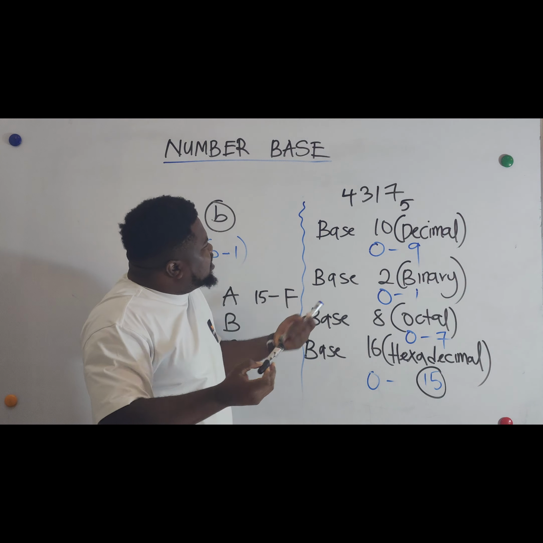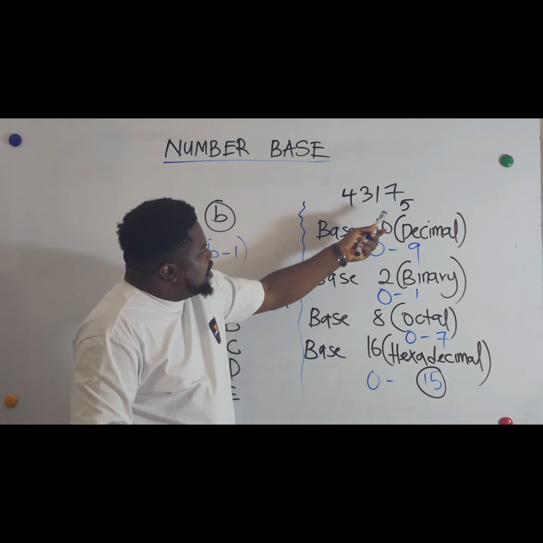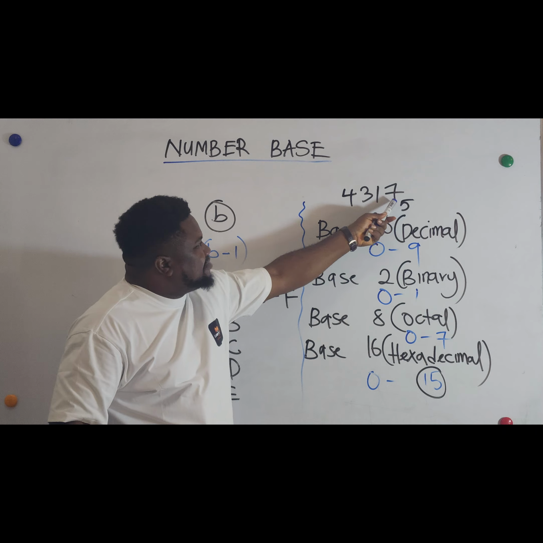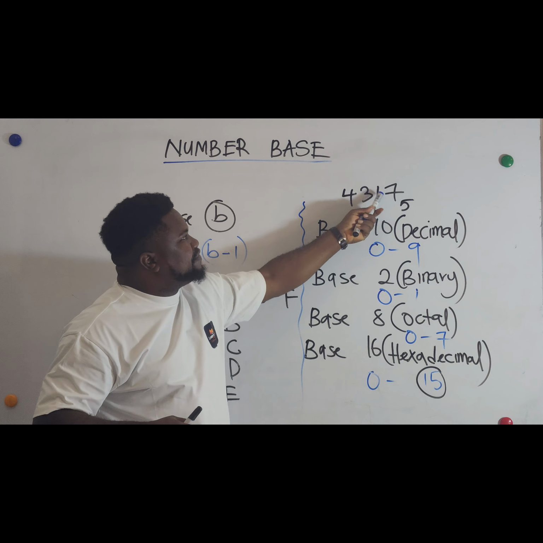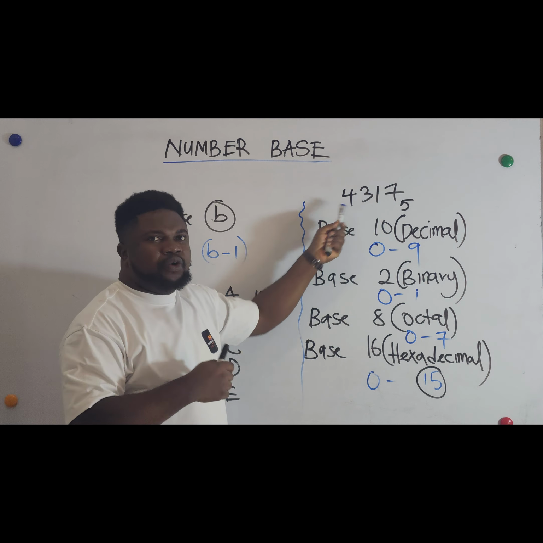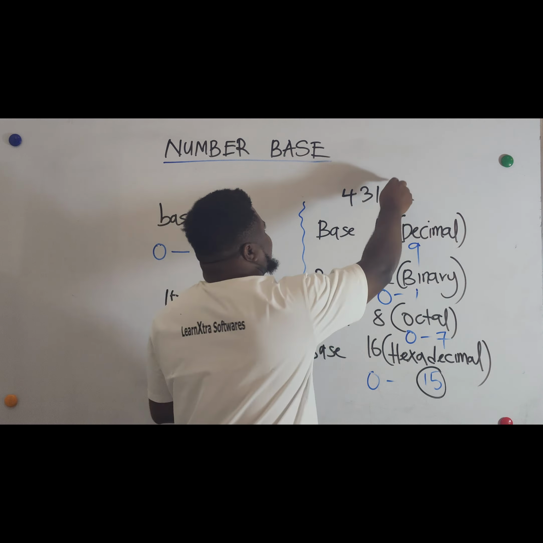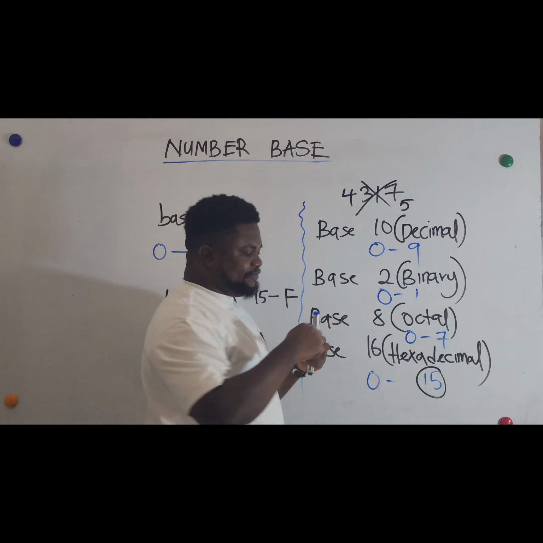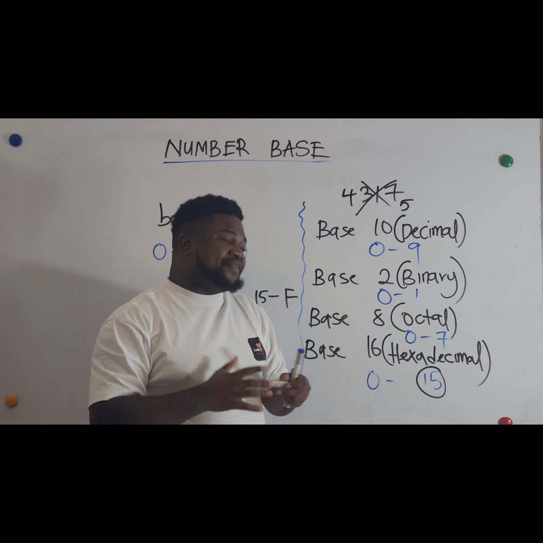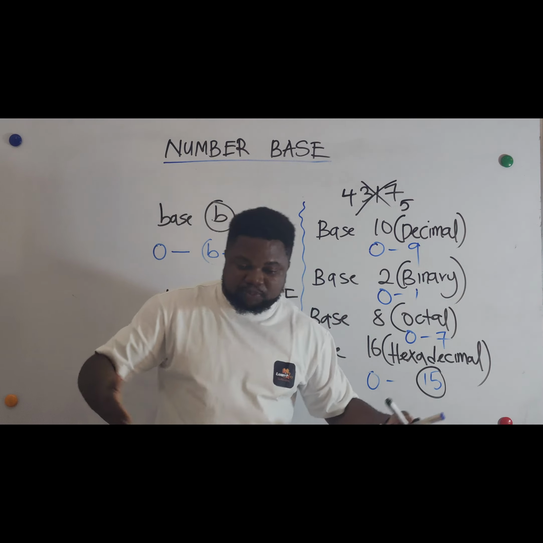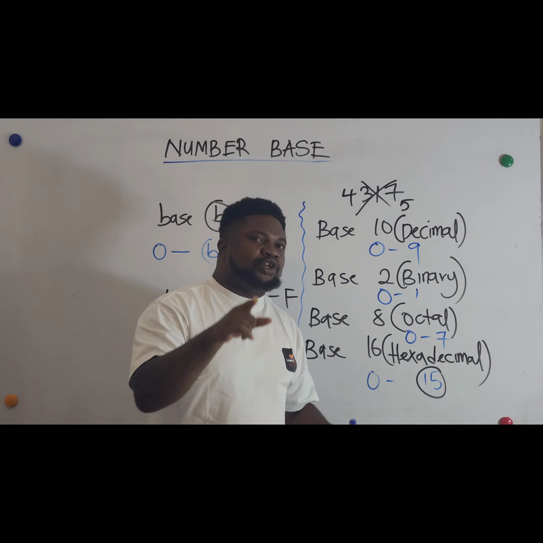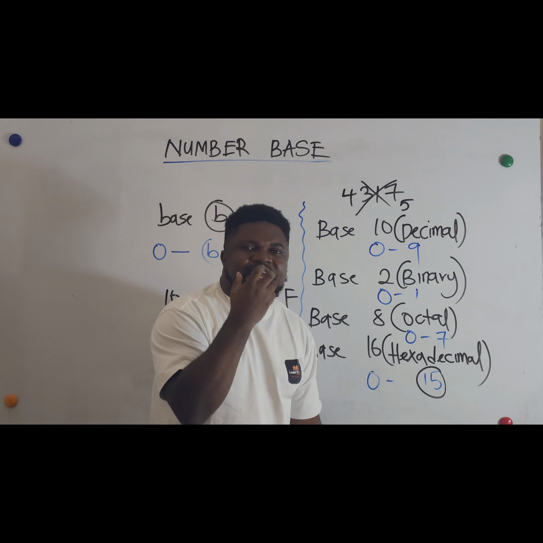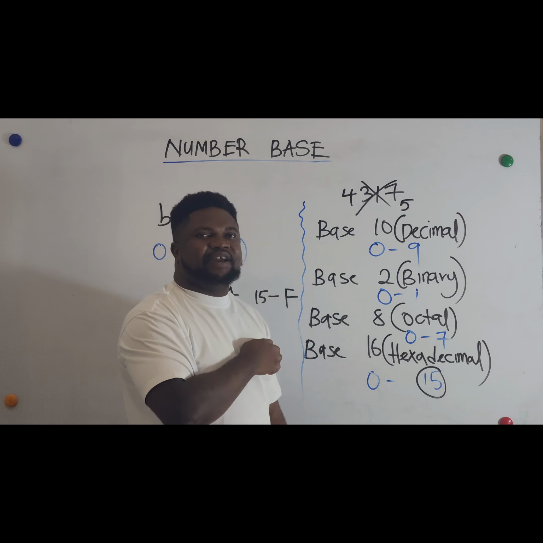No, it's not possible because base 5 cannot have 7. The highest number I can find in base 5 is 4, from 0 to 4. So this cannot be in base 5. I can give you a question like which of the following is not base 5. Because you know the numbers involved for base 5, you can identify any that's not in base 5.